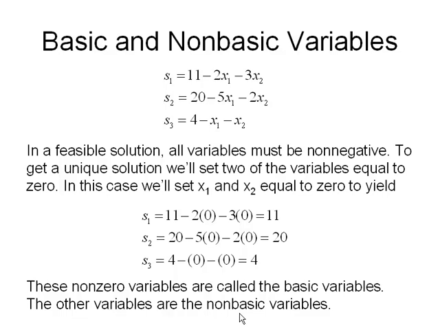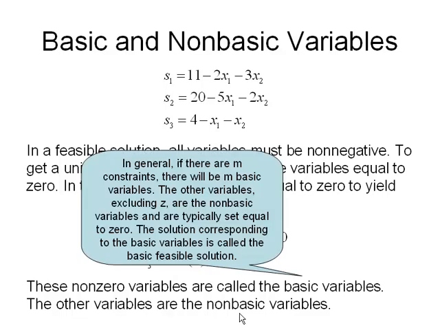And if you think about it, this is what's going to give us our corner point. In general, if there are m constraints, there are going to be m basic variables. The other variables, excluding z, are the non-basic variables and are typically set equal to 0. The solution corresponding to the basic variables is called the basic feasible solution.